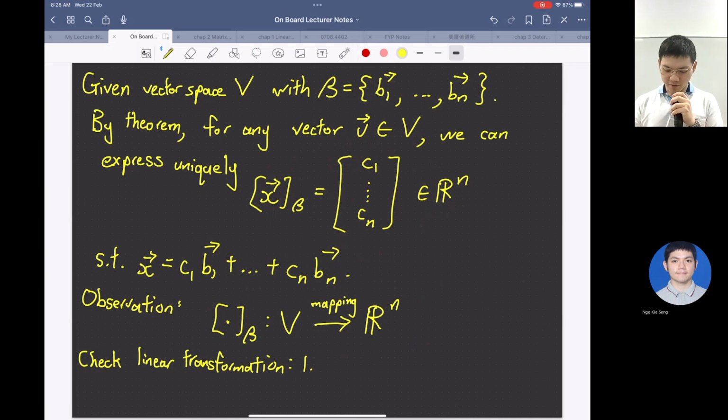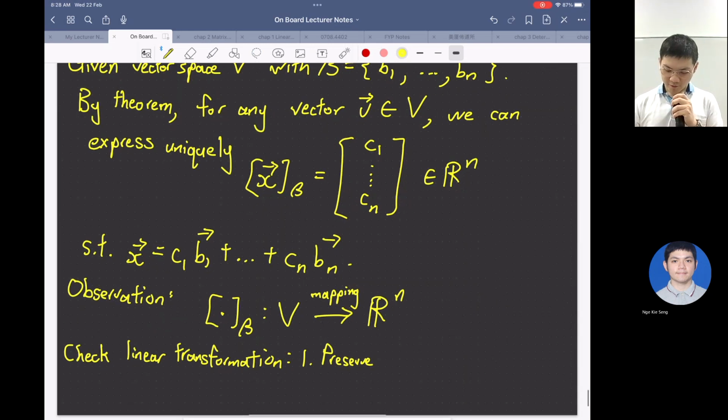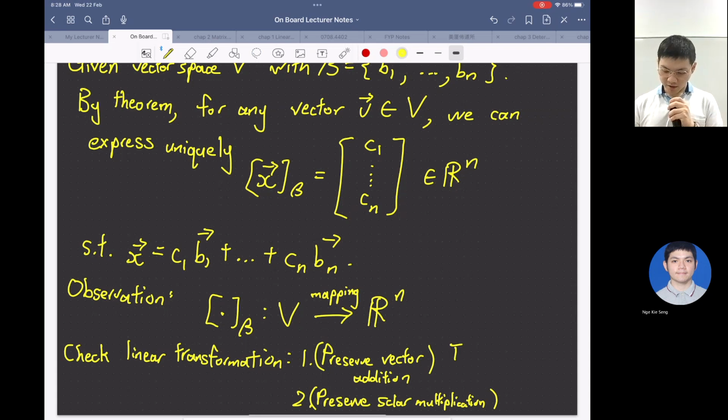One is that the mapping preserves vector addition. Second is that it preserves scalar multiplication. So what does this mean? For the first one, we want the linear transformation T of x plus y to be equal to T(x) plus T(y).